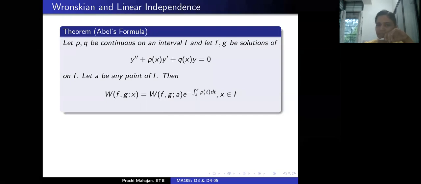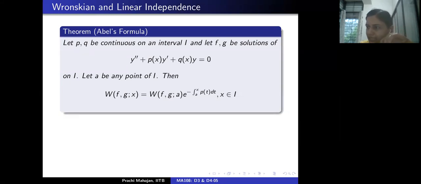What does it say? If you believe this formula, the first thing it says is that either the Wronskian has no zeros on the interval I, or the other possibility is that the Wronskian is identically 0 on the interval I. The two extremes.